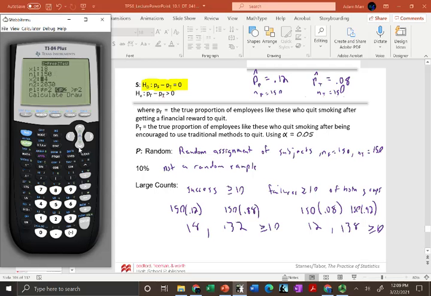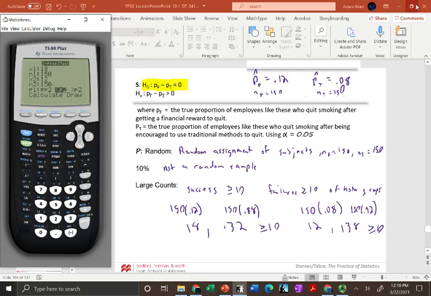For the other one, 0.08 times 150 is the x value, so 0.08 times 150 is 12, and the n value is also 150. I hope everyone understands what I did.